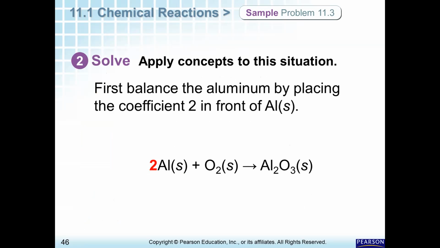But as I said, once you balance one element that is combined with another element, you have to recheck the element again, even if it was balanced. Any problem? Okay. Al2O3.